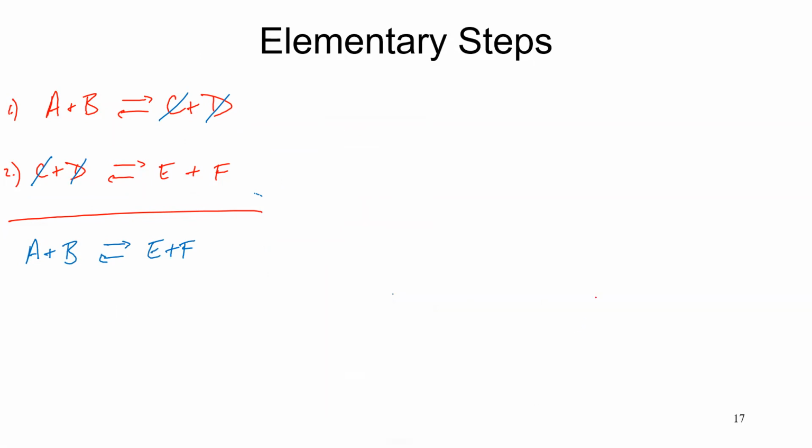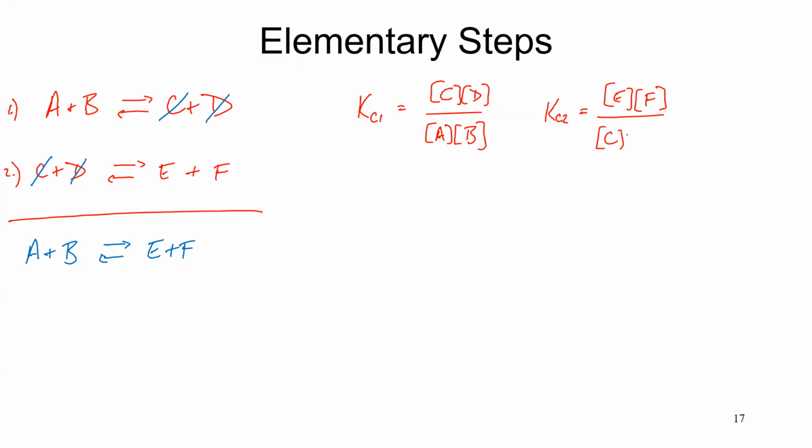Now, if we take a look at the equilibrium constants for these elementary steps, we know that Kc1 is equal to the concentration of C times D divided by the concentration of A times B. And Kc2 is equal to the concentration of E times F over the concentration of C times D. Now our overall K, which I'll just label Kc.